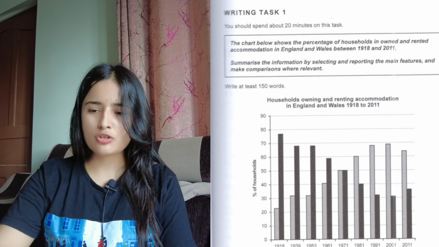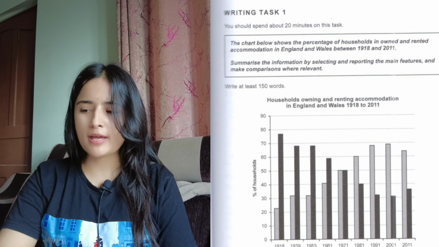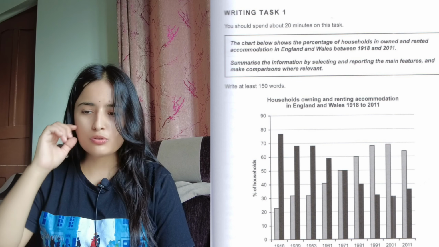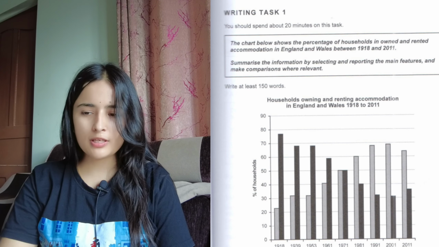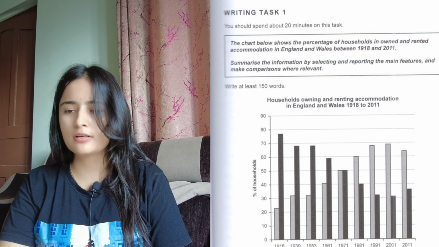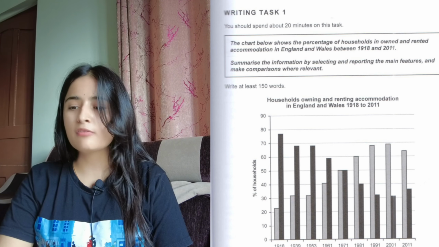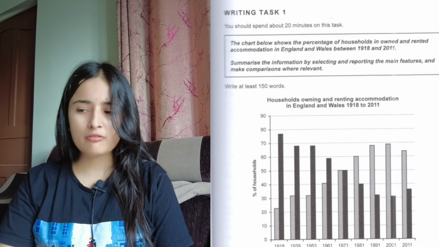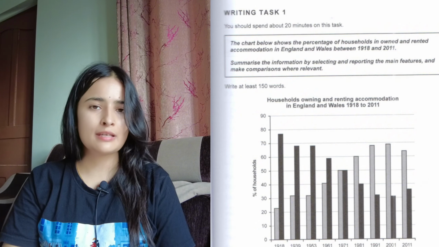Let's see this chart and I will be telling you exactly how you should write a topic sentence. So the question given is, the chart below shows the percentage of households in owned and rented accommodation in England and Wales between 1918 and 2011. So you can paraphrase this sentence and write it.